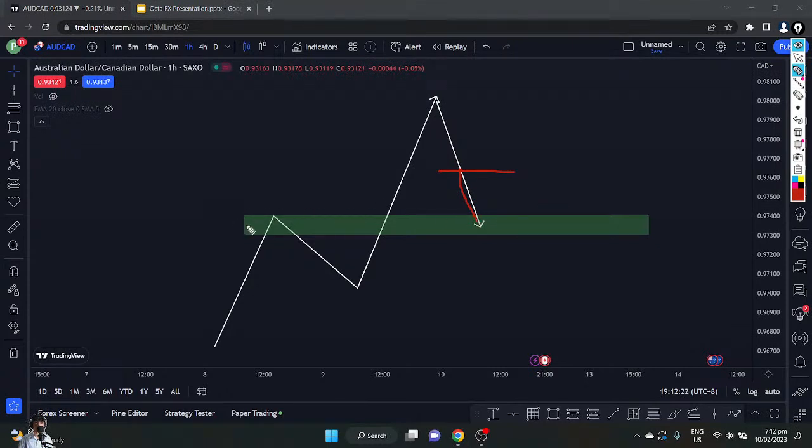Once the price reaches the support, keep in mind that this support level might be the start of a new move to the upside. So if you have a short position right here, you should consider taking your profit once the price reaches the support zone that we have coming from our previous one.